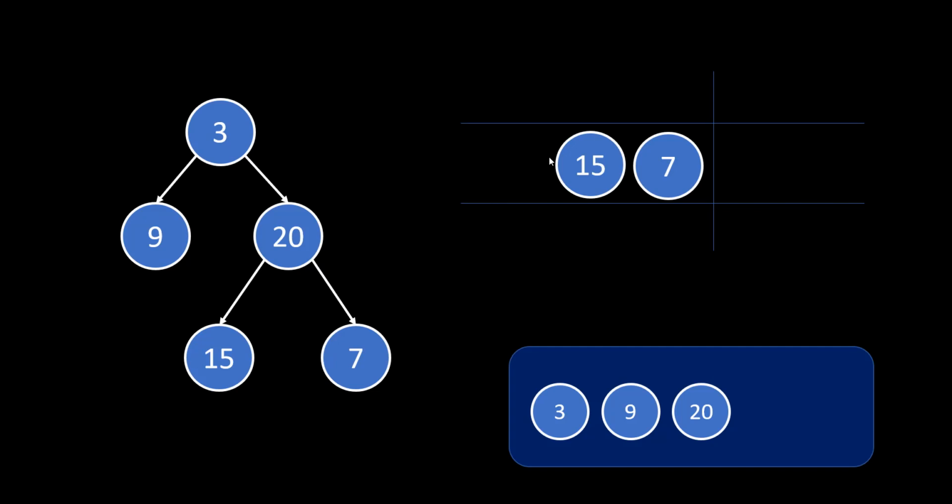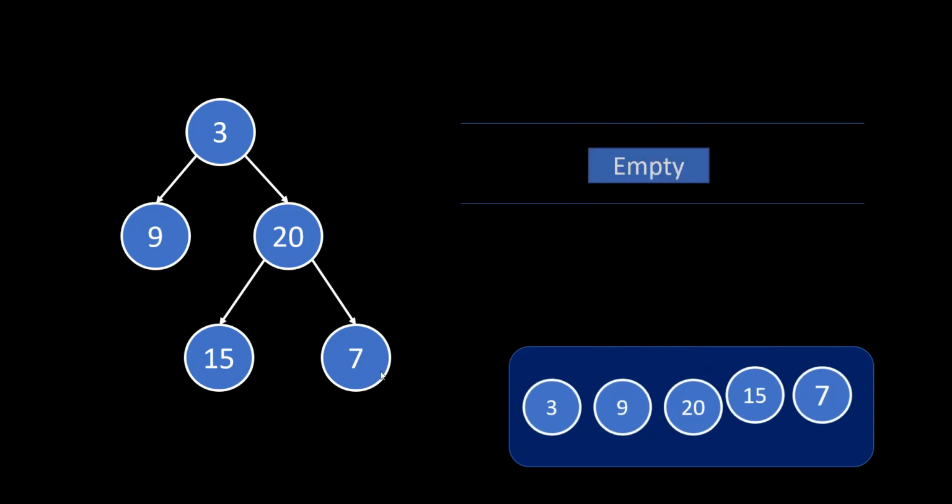So we have 2 nodes in the second level if we are taking levels from 0, 1 and 2. So over here we have 2 nodes, we'll again process them, and finally our queue will become empty. So this is the point where we stop, because at this point of time we have no more nodes to process. So this was the concept of iterative level order traversal.